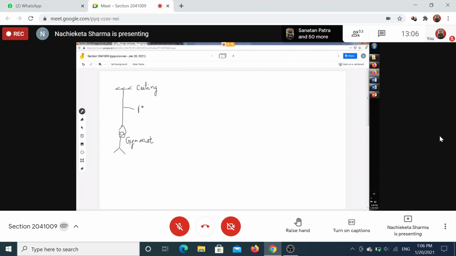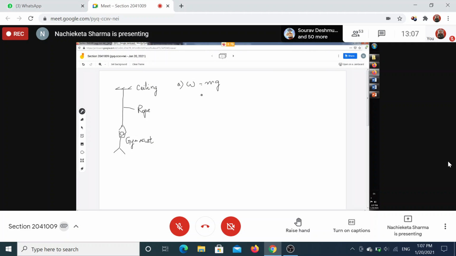So I have to find out the weight of the gymnast first. That is the first bit of the question. Without drawing a free body diagram, I can go straight for the weight. So A, the magnitude of weight is written as W equals mg.